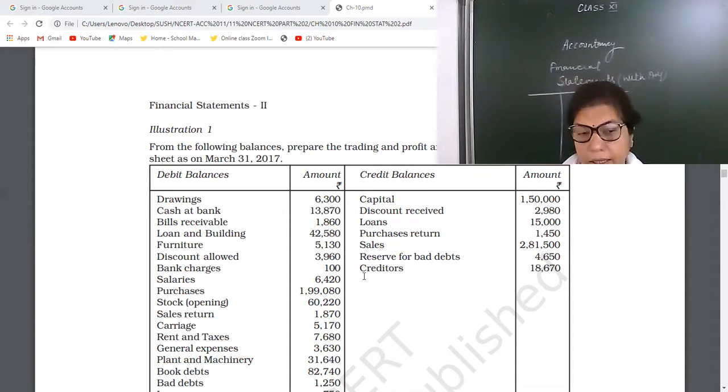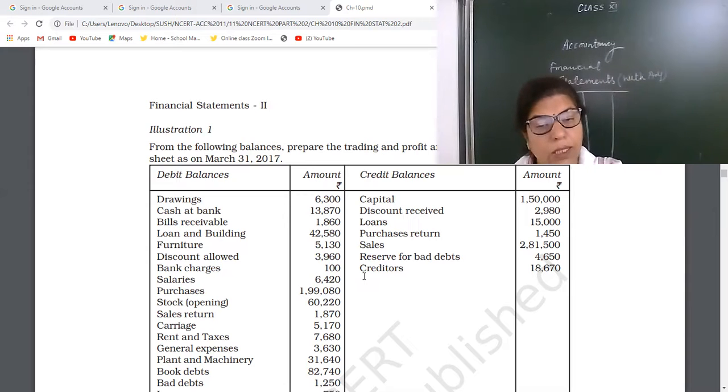Now sales return, that should be subtracted from sales to calculate net sales. As I told you, in trading and P&L account, we first show sales in the inner column, then less sales return, and the net figure will be in the outer column.